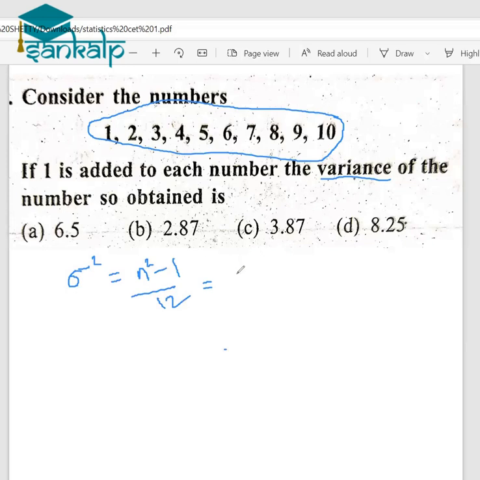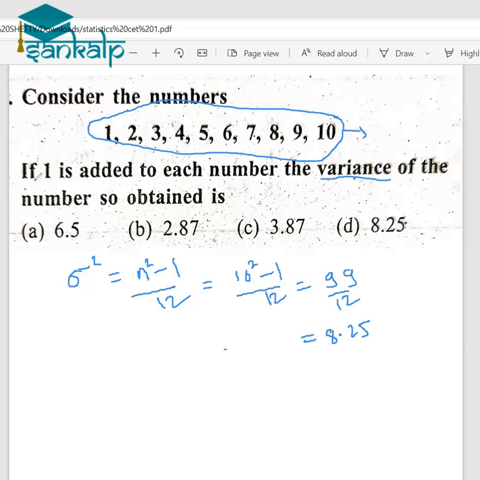The value of n is equal to 10, so it will be (10 square minus 1) upon 12, which is equal to 99 upon 12, and 99 upon 12 is equal to 8.25. So sigma square for the first 10 natural numbers is equal to 8.25.